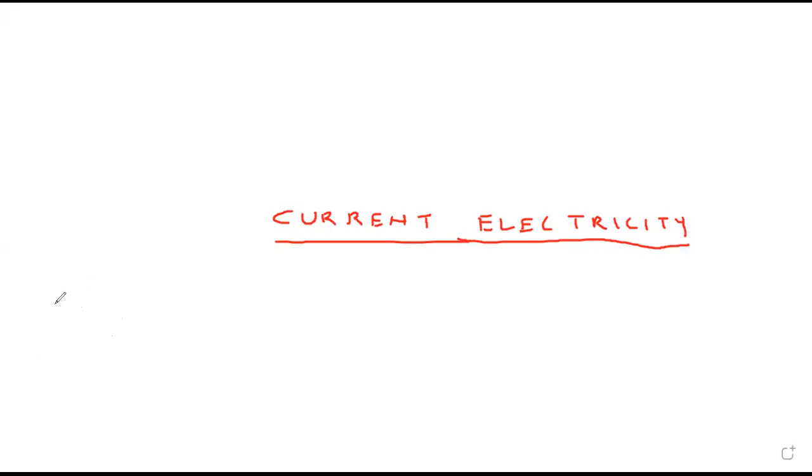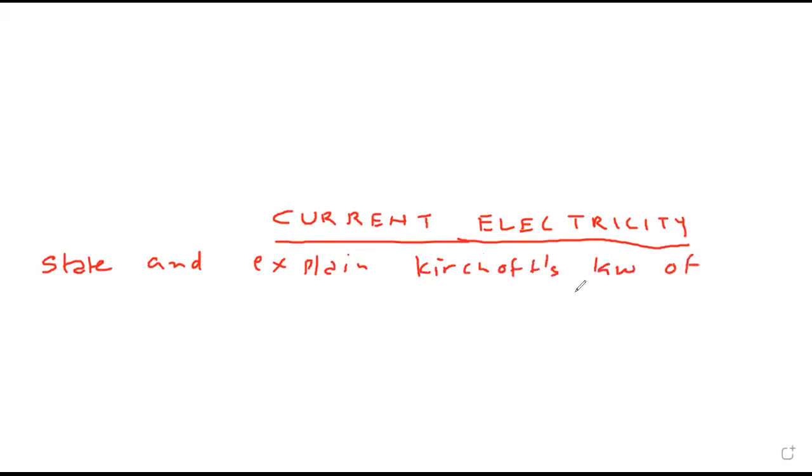So there was another scientist named Kirchhoff. He stated two laws called Kirchhoff's laws of electrical network. First heading: state and explain Kirchhoff's laws of electrical network. There are two laws we have to study.